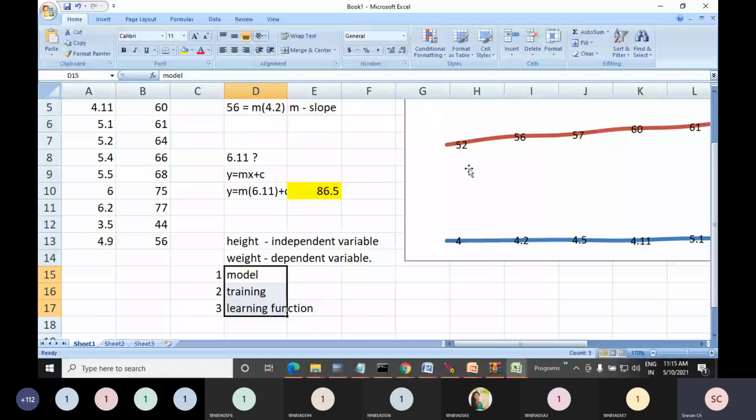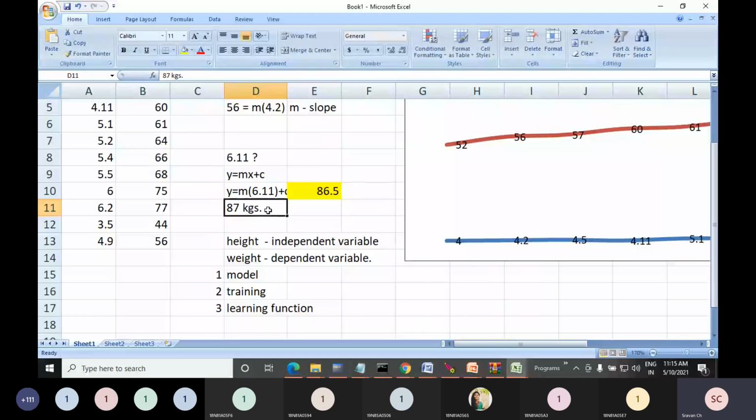You gave an input like 6.11. Sir, if height is 6.11, what will be the weight? Just imagine my model told, for 6.11 feet height, the weight should be 87 kgs. Let us say my program gave this output.